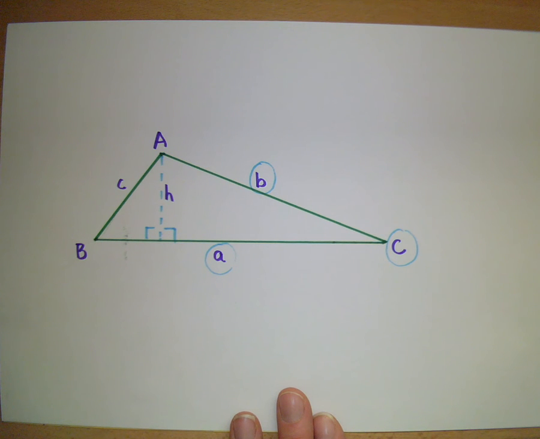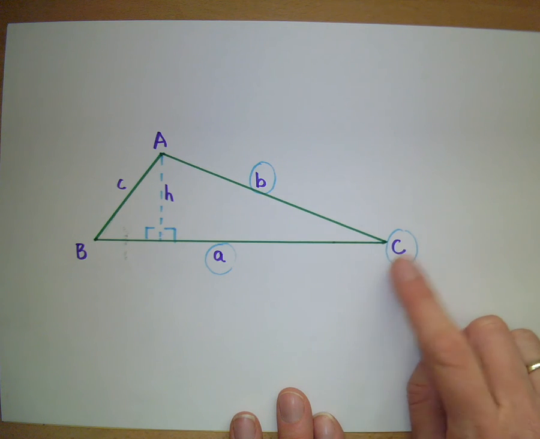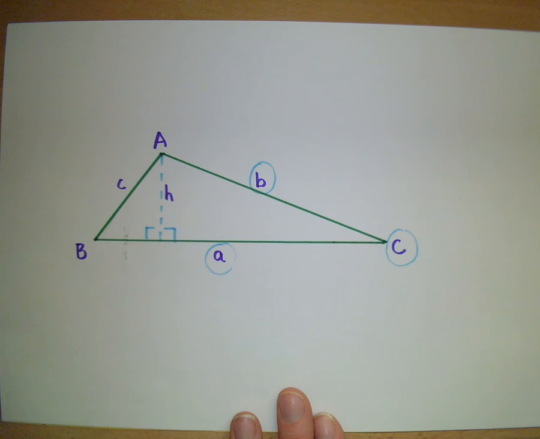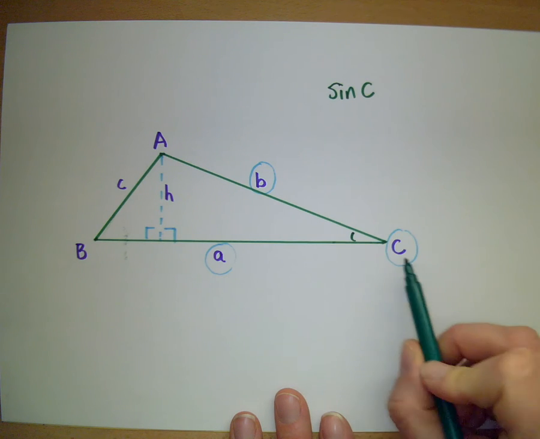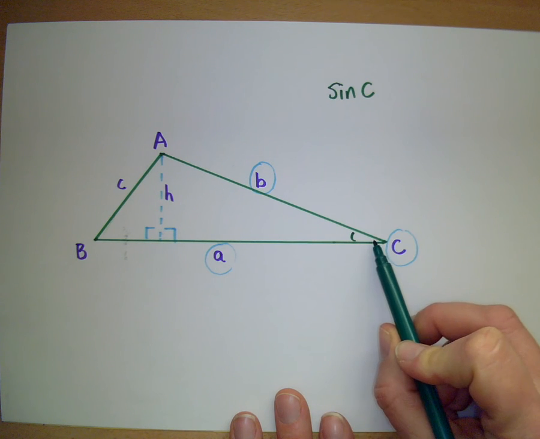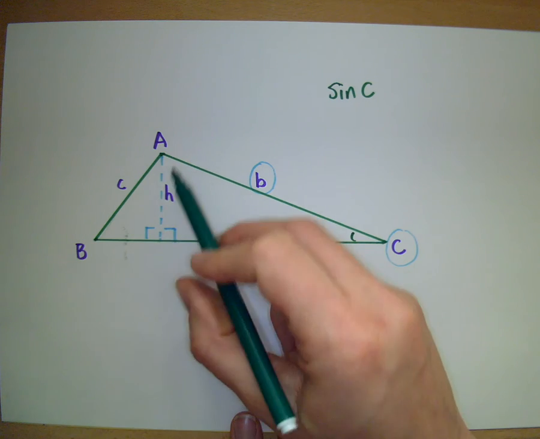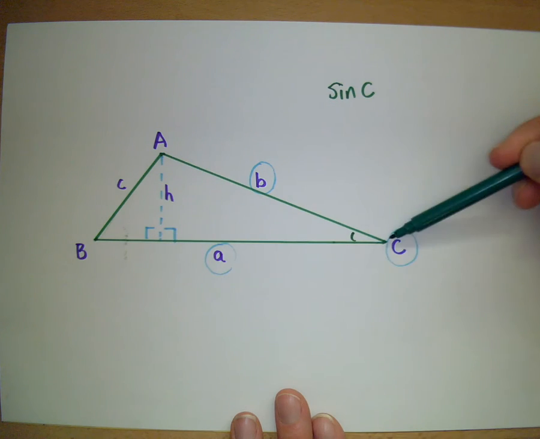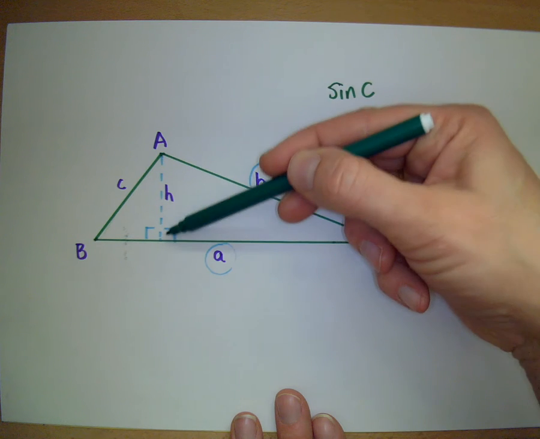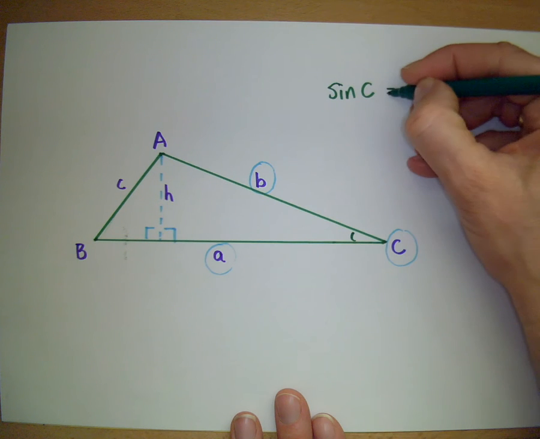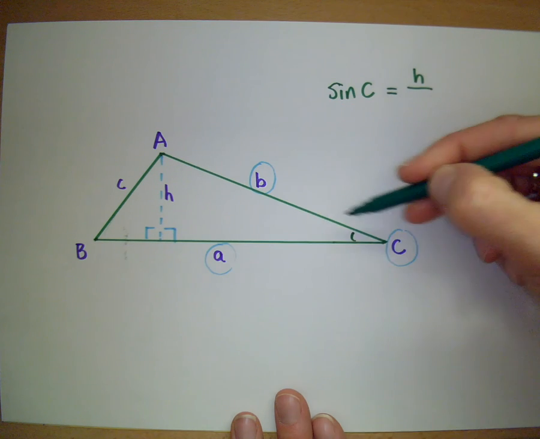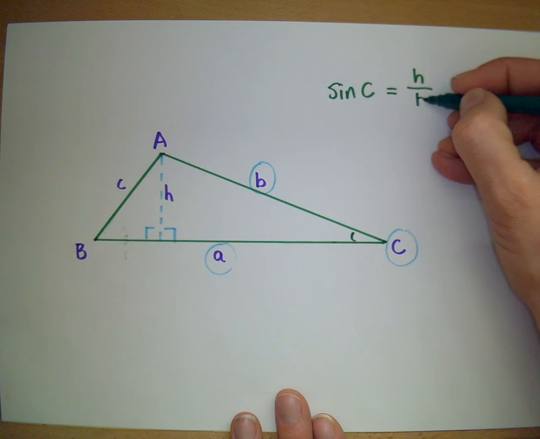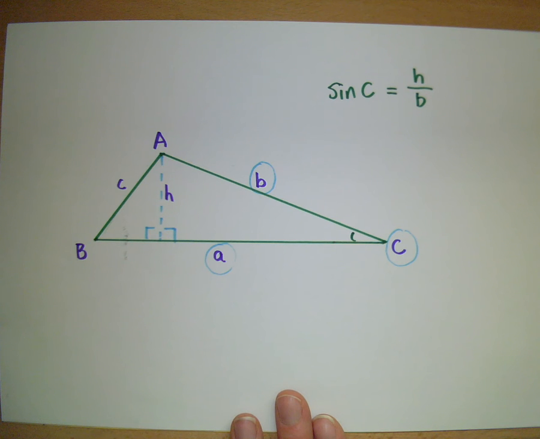So let's look at the sine of this angle, the sine of C. Sine of angle C would be opposite over hypotenuse. Opposite would be H, over hypotenuse, which would be B in this triangle.